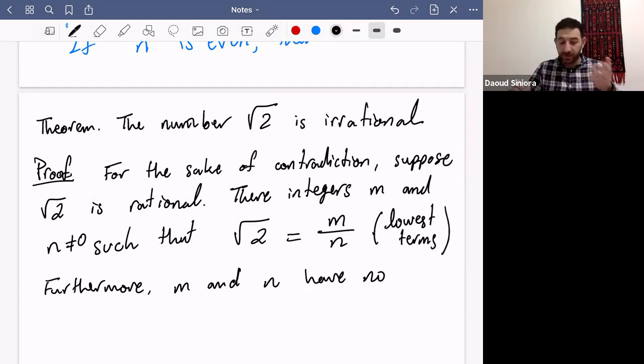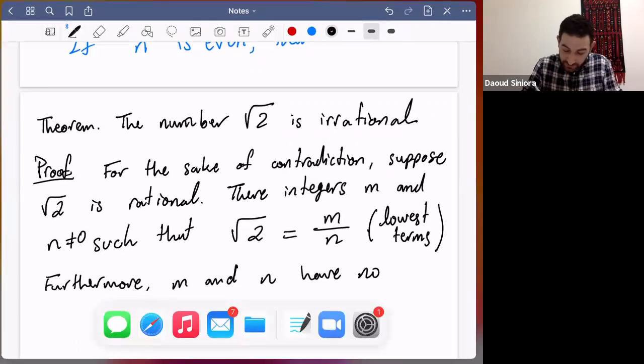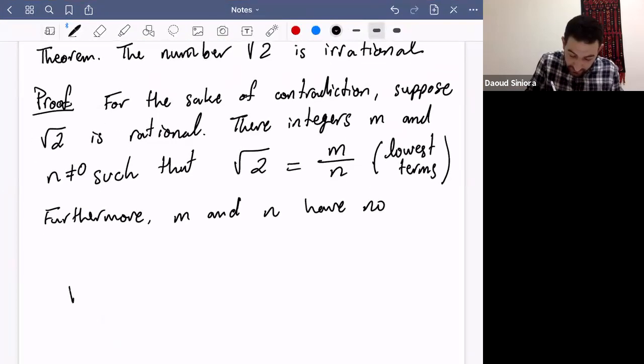because if it's not, like if m and n have common divisors, we can divide m and n by the common divisor. Let me explain it here. Say square root of 2 is rational. So say there are integers m over n. Say they have common divisors, so we can divide by this common divisor. So say we get m1 over n1.